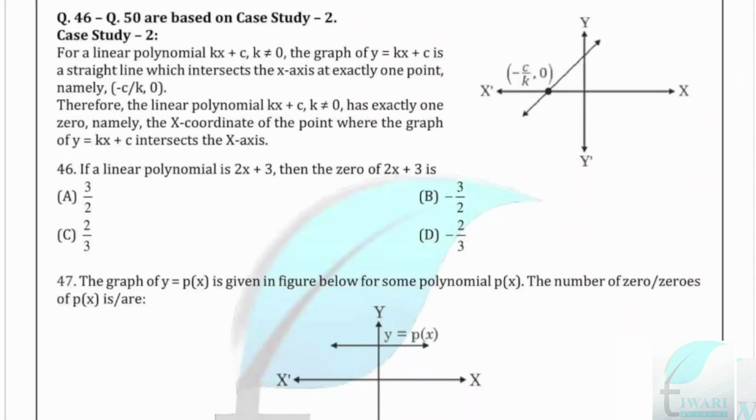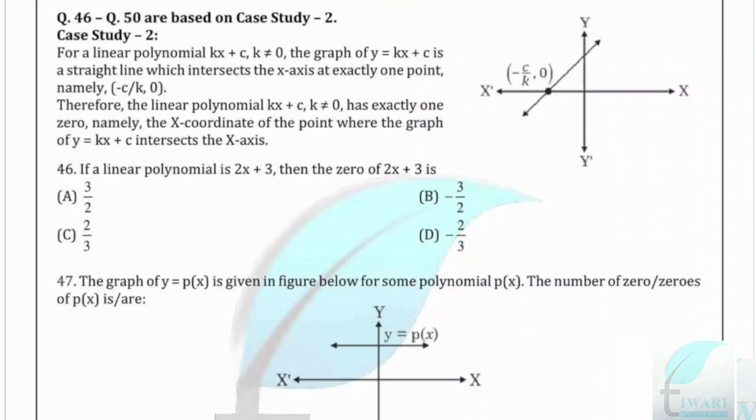Question number 46. Case study 2. For a linear polynomial kx plus c where k is not equal to 0, the graph of y equals kx plus c is a straight line which intersects the x-axis at exactly one point, namely minus c by k, comma 0.